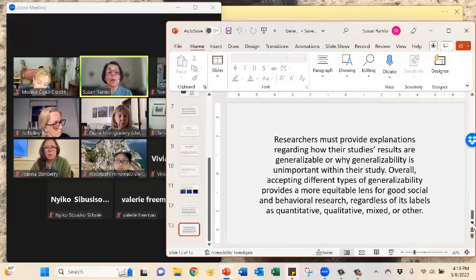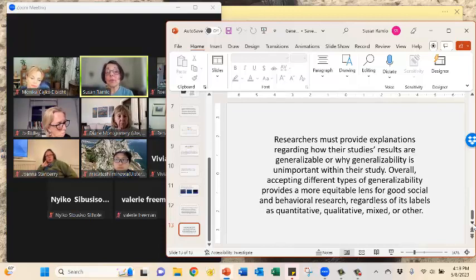population. So in summary, the idea is researchers must provide explanations regarding how their studies' results are generalizable or why generalizability is unimportant within their study.